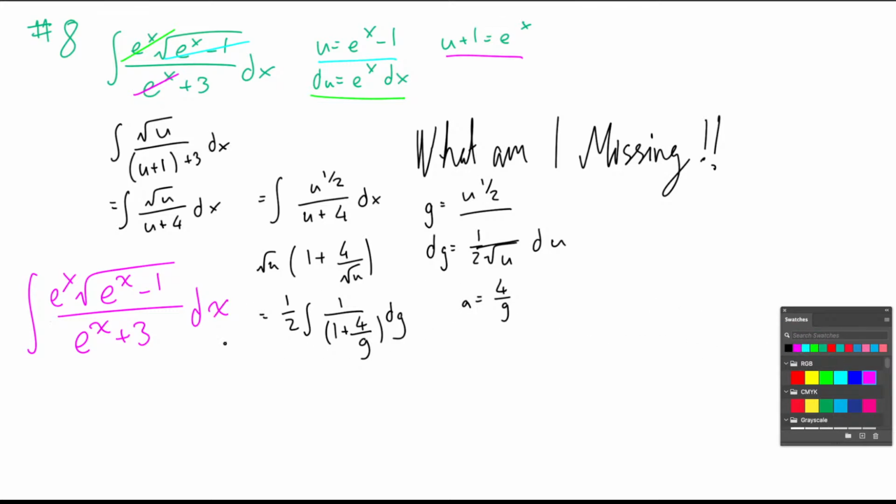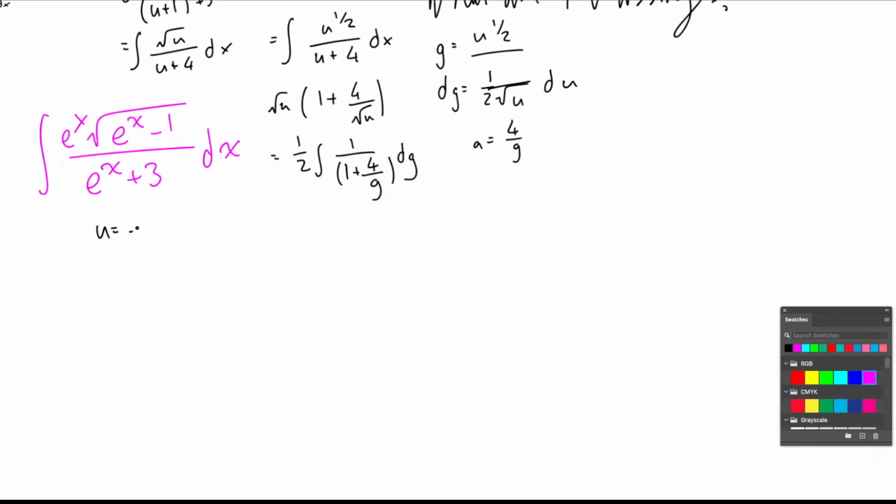Hey, what if we tried substituting e to this thing here? u equals e to the x plus 3. Right? This cancels this thing out. That means we're left with square root of e to the x minus 1 over u du.